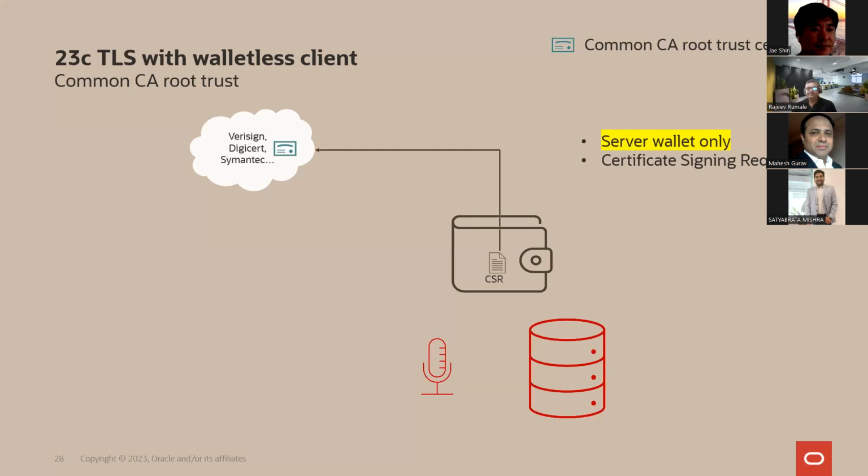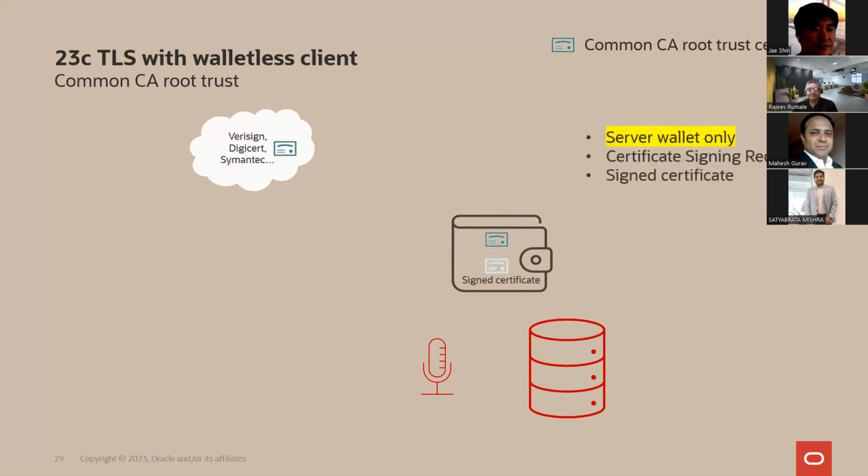The certifying authority will verify those credentials, and then they will issue a root certificate. We use that root certificate to do whatever signing we need. Then we use that signed certificate to create a wallet, keep it in that, and use it for connections.